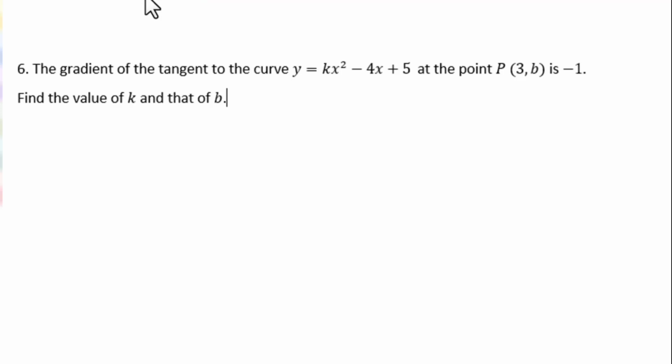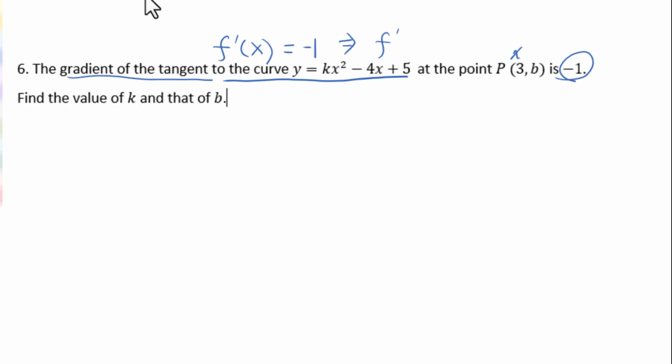The gradient of tangent to the curve y equals kx squared minus 4x plus 5 at the point P(3, b) is -1. Gradient of tangent means f prime of x equals -1. At the point P(3, b), which means we are given this x coordinate.